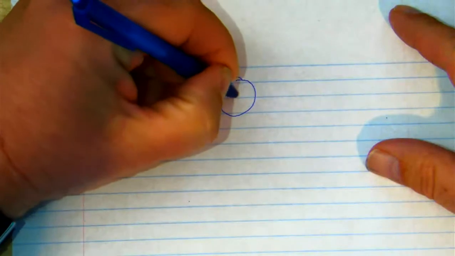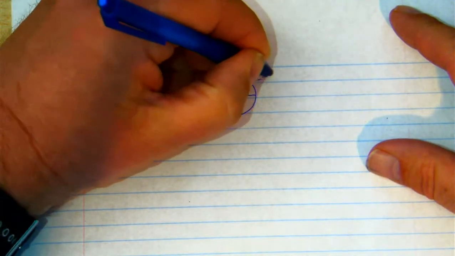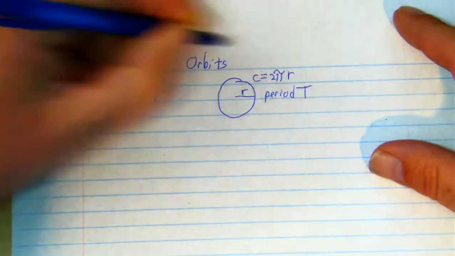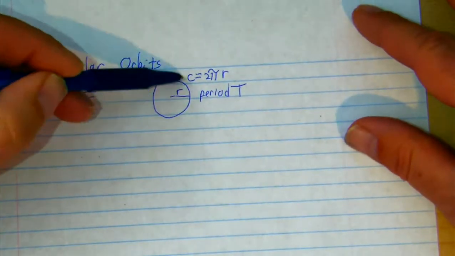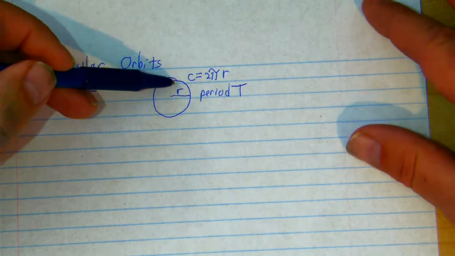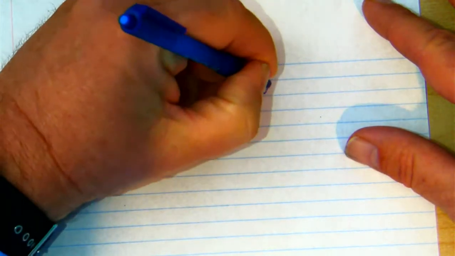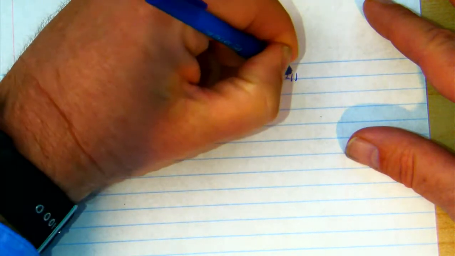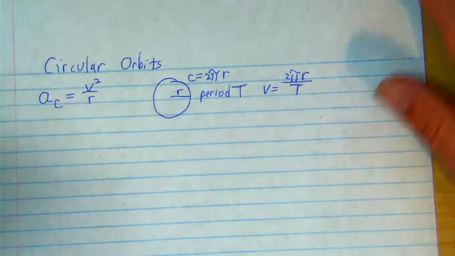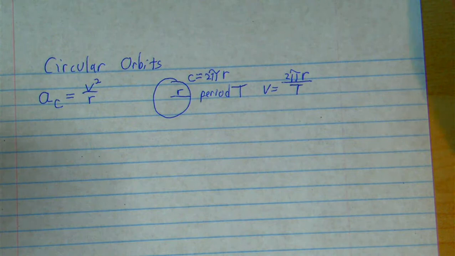If you consider a circle of radius r, its circumference is 2 pi r. In a period of time, capital T, you will complete one revolution around the circle, and your speed is the distance that you travel, 2 pi r, divided by capital T, the amount of time it takes you to travel that distance.